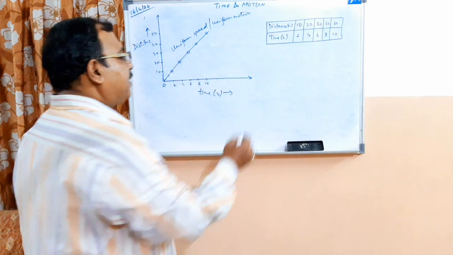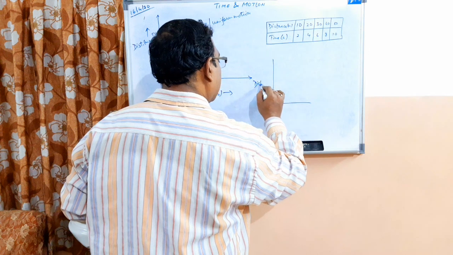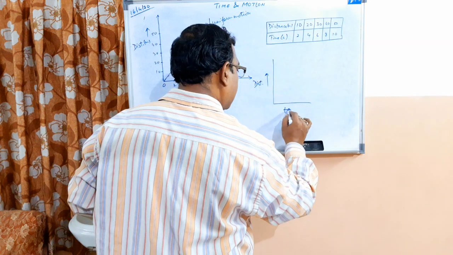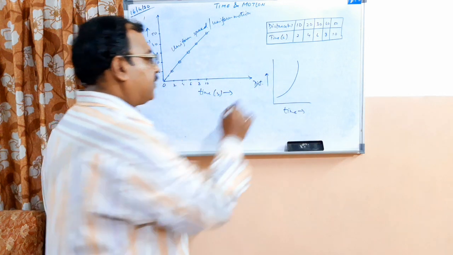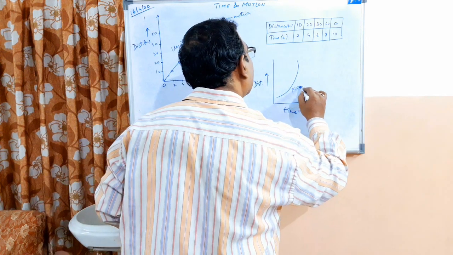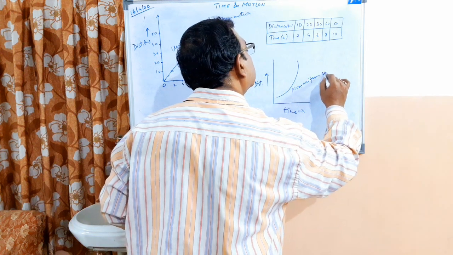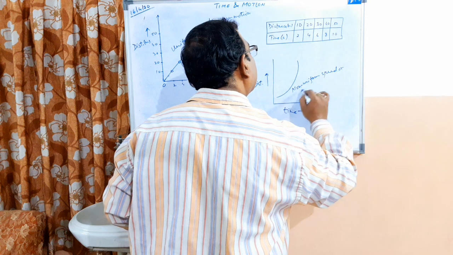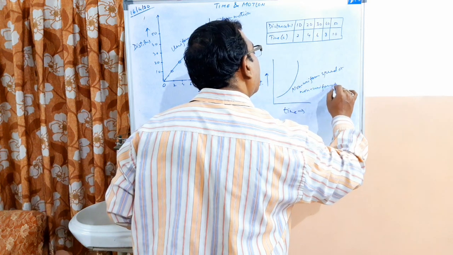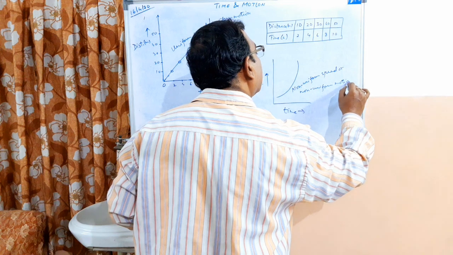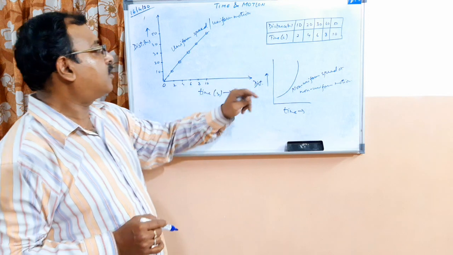On the other hand, in distance time graph, if you get a curve, then this is non-uniform speed or non-uniform motion.